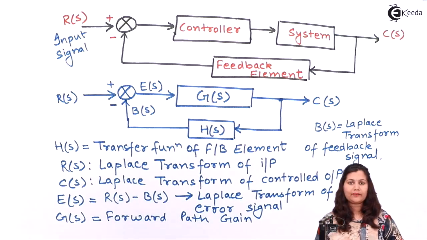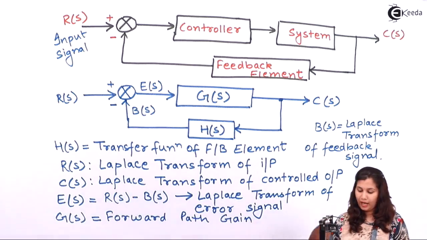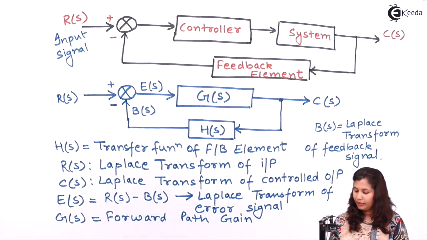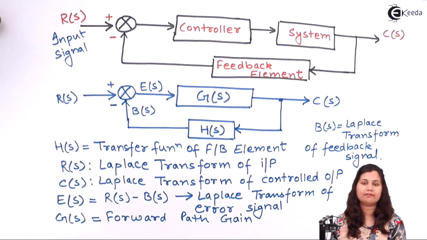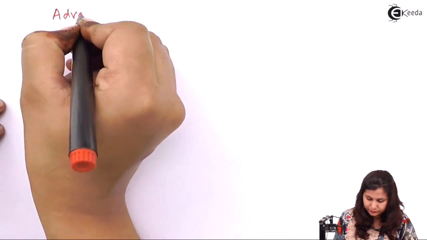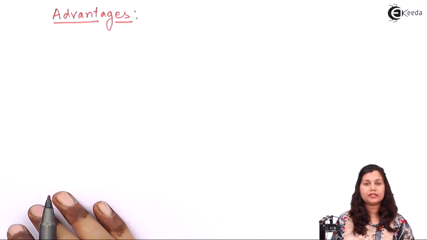So till now we have studied what a block diagram is, what the basic elements of a block diagram are, and how we can draw the block diagram of a closed loop control system. Now let's see what the advantages and disadvantages of a block diagram are. Let us first see the advantages.